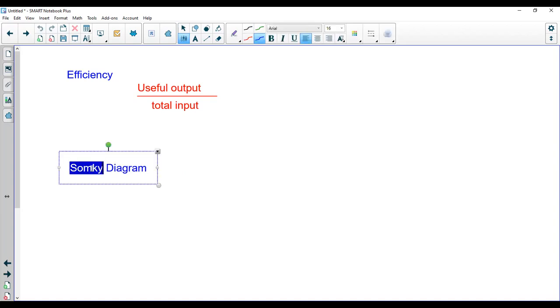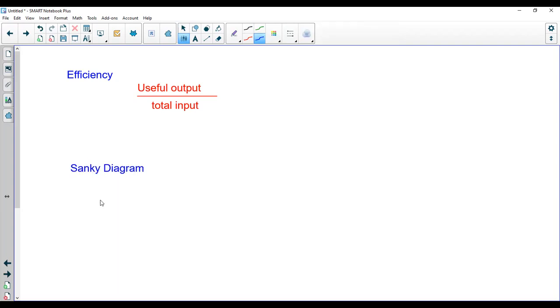How do they draw it? They use a big arrow first, and this big arrow represents the total input.